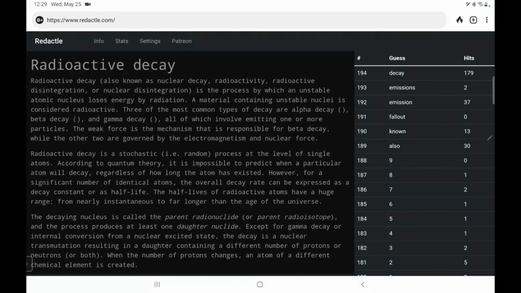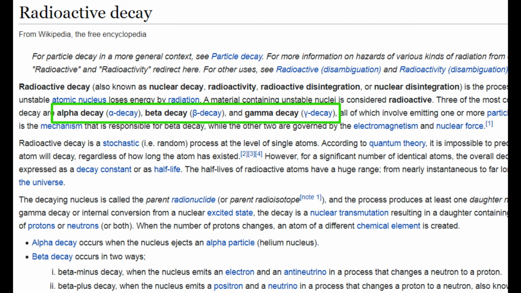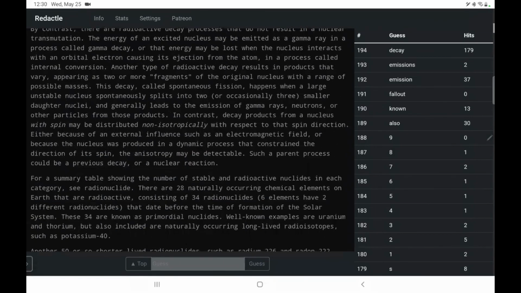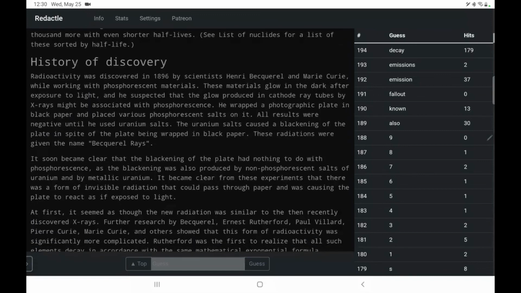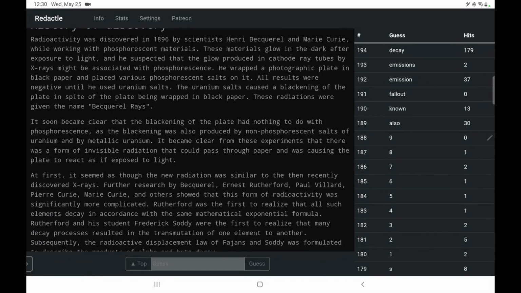I am curious what the things in parentheses are, alpha decay. Okay, I'm looking at the Wikipedia article on my phone. It is the Greek letter alpha dash decay. So probably because of the Greek letters alpha, beta, and gamma, they could not display that properly, and probably in removing it, they removed the part after the hyphen.